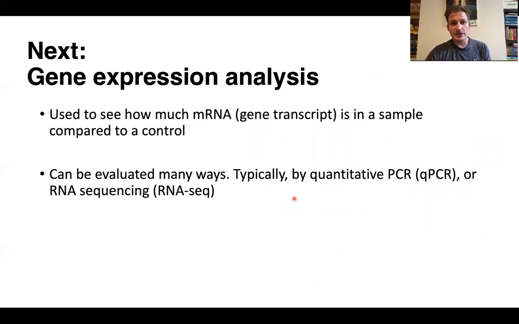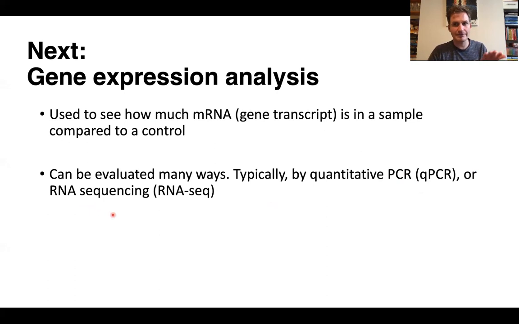You can use sequencing to look at gene expression analysis as well. So a big thing is to not know about polymorphisms in a gene, but how much that gene transcript is expressed or not. We can typically do this by two different approaches. That's by quantitative PCR, or qPCR, or RNA sequencing.